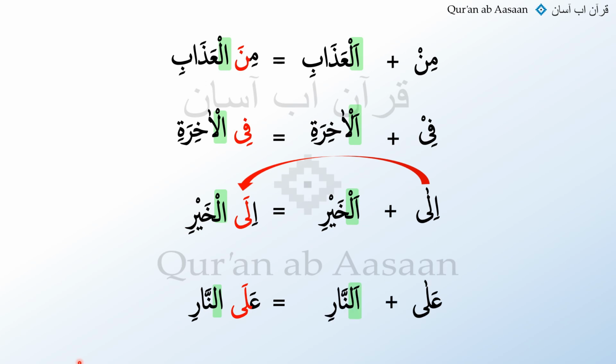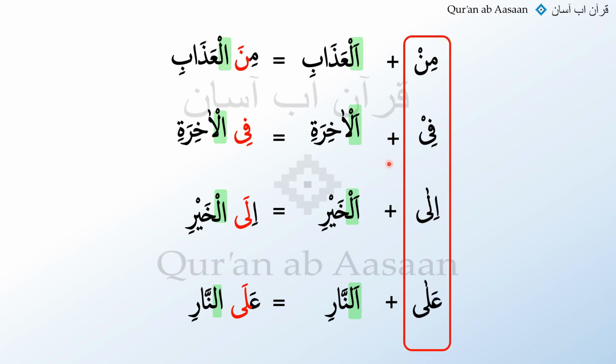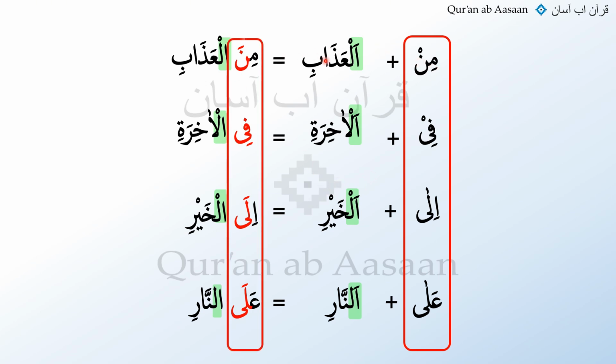It's just connected with an-nari. It looks a little different, a little odd, okay? It's just one way of remembering it. Whenever the harf jar is preceding a proper noun, min would look like minal, fi would look like fil, ila would look like ilal, and ala would look like alal. Okay, it's not too complicated, I'm sure. We read these so many times that we would be able to identify them.